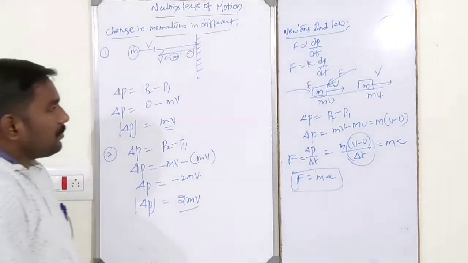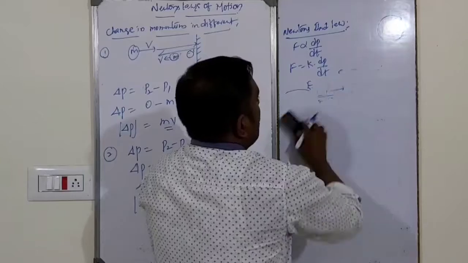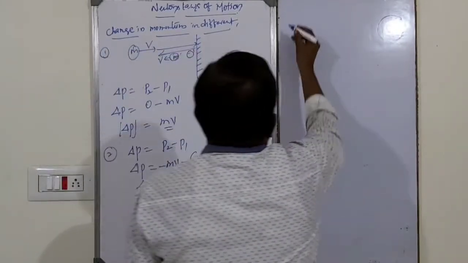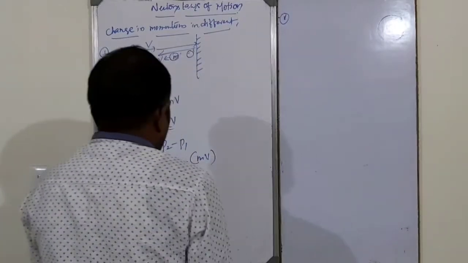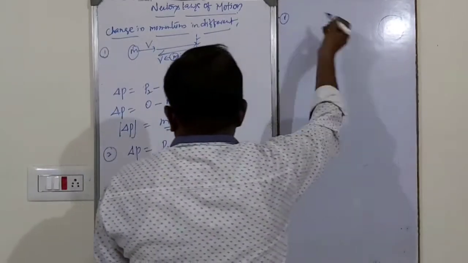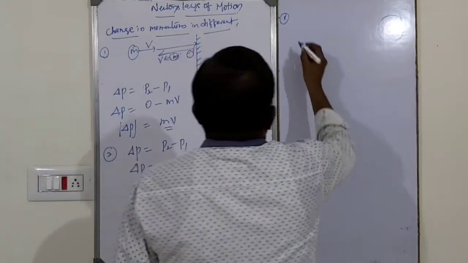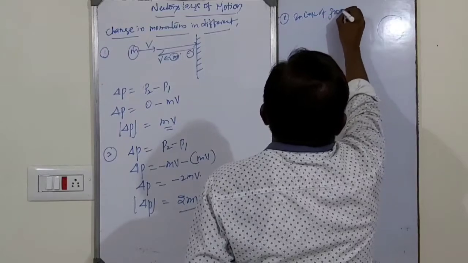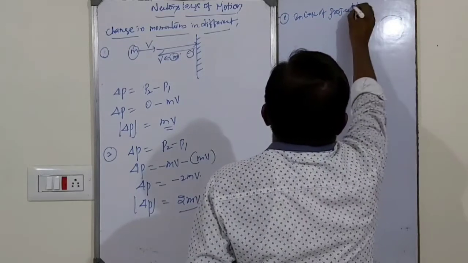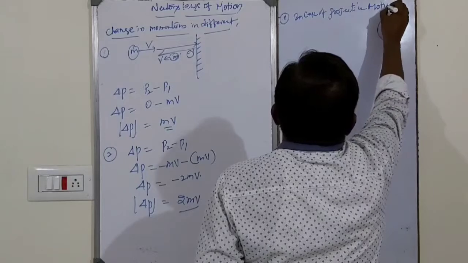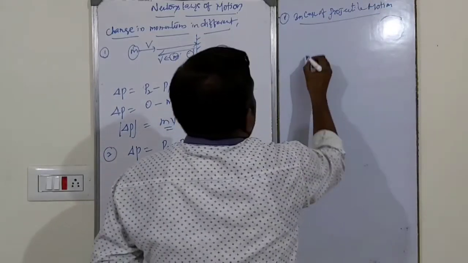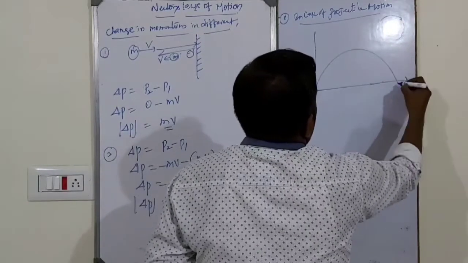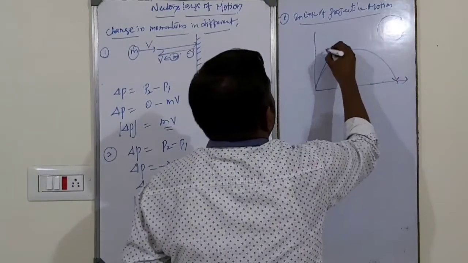Next one, the third one. Suppose in case of projectile motion like this, this is the projectile, with initial velocity u.